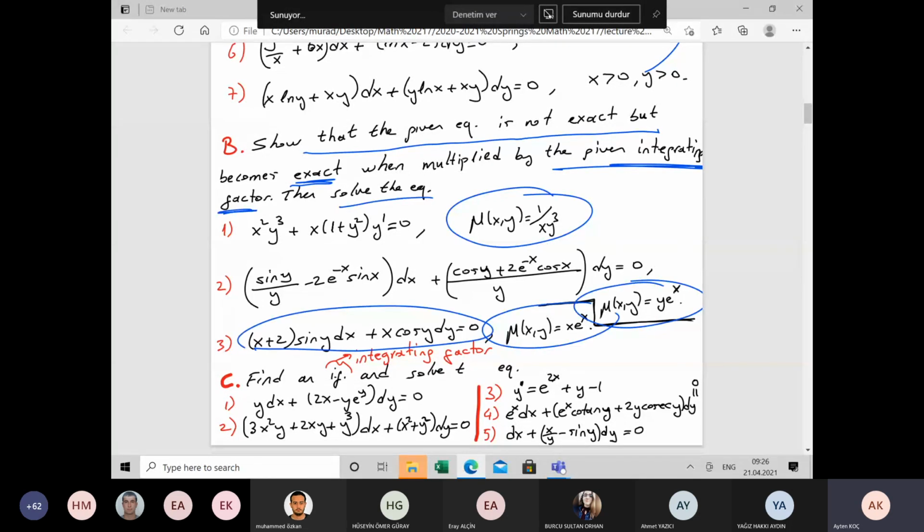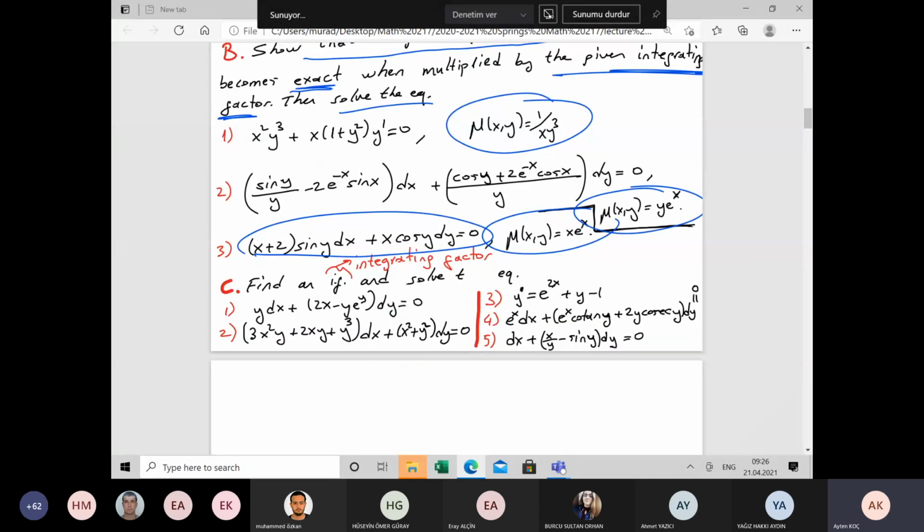And the next part C, find an integrating factor and solve the equation. This one is a typo. The parts contain 5 equations.